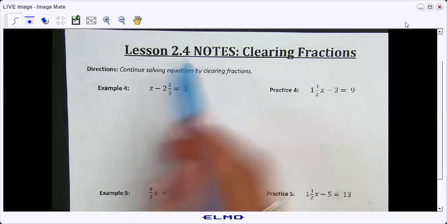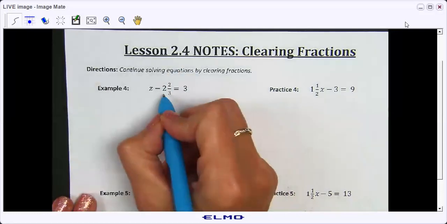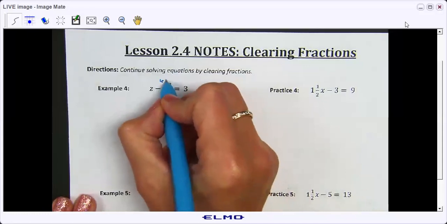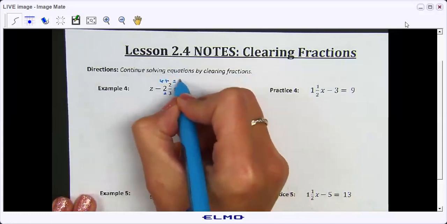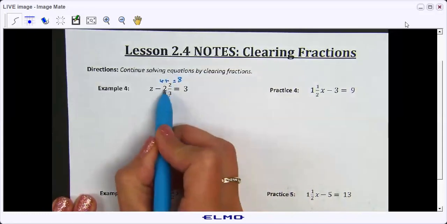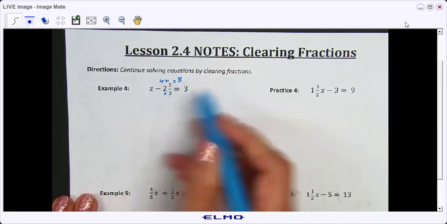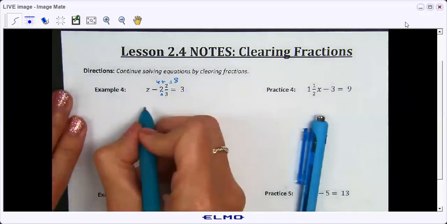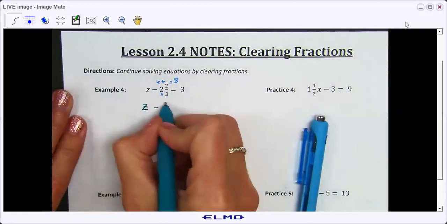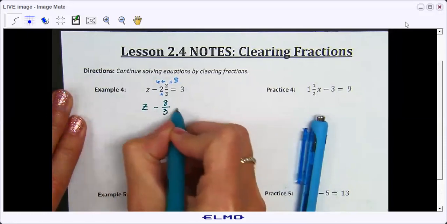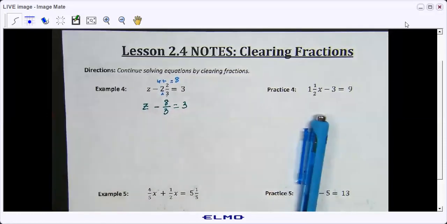Vivi, go ahead. Yeah. 3 times 2 gives me 6. 6 plus 2 gives me 8. So 8/3. So I would write this as z minus 8/3 equals 3.